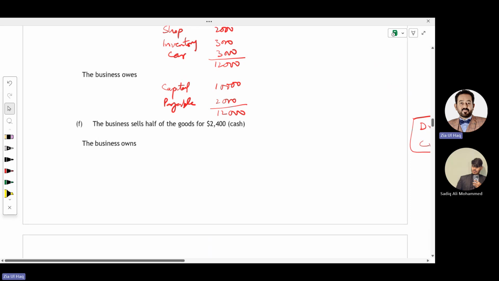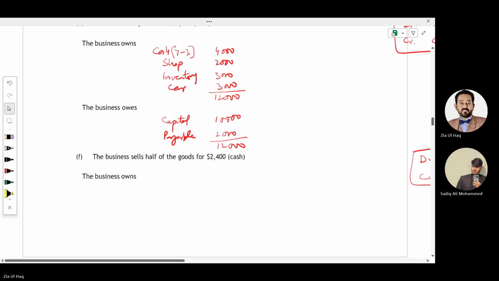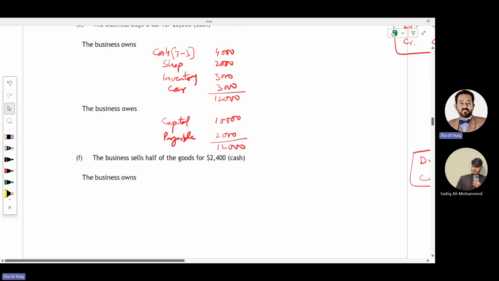The business sells half of the goods for 2,400 cash. How many goods was the business having? 3,000. Out of this, half is gone, and the business receives cash of 2,400. So cash will now be 4,000 plus 2,400, 6,400.